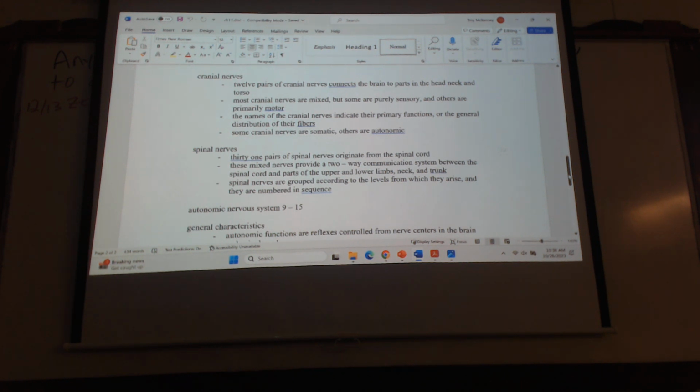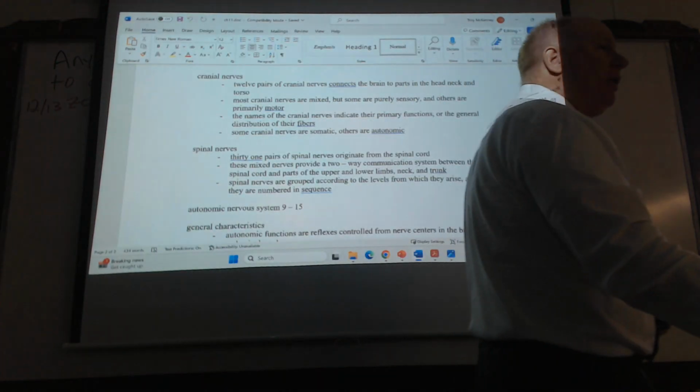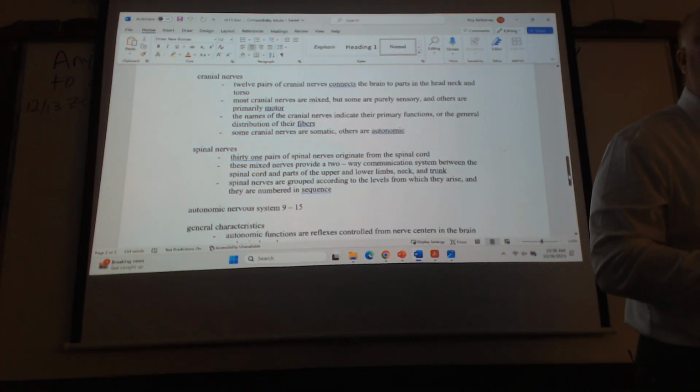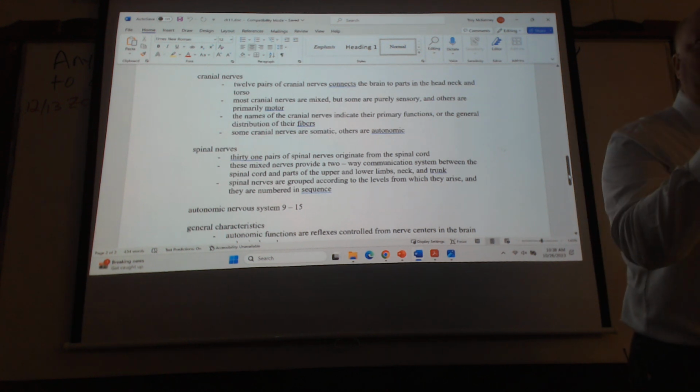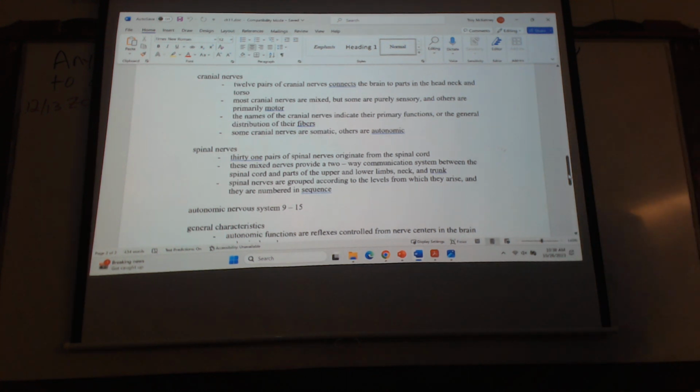If you smell things or see them, that's purely sensory, okay? Then the third cranial nerve is called your oculomotor, so that's purely just what then? When it moves the eyes, that's purely a motor nerve.